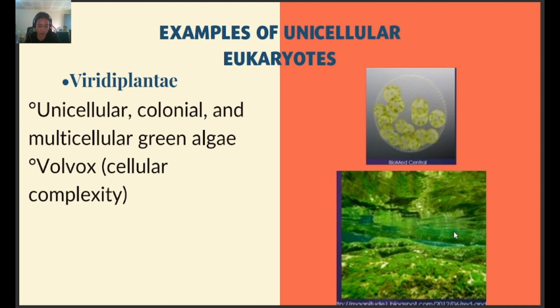Next is the famous Amoebozoa. Examples of Amoebozoa are plasmodial slime molds and Entamoeba histolytica, which can cause dysentery and abscesses. And lastly is the Opisthokonta, which has a sister taxon called choanoflagellates.